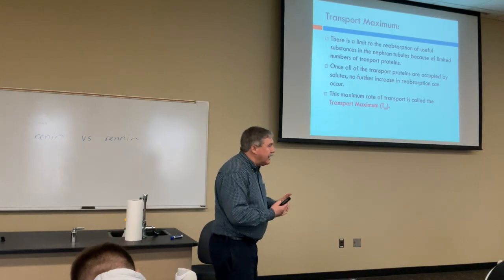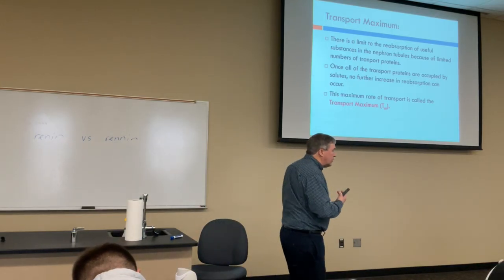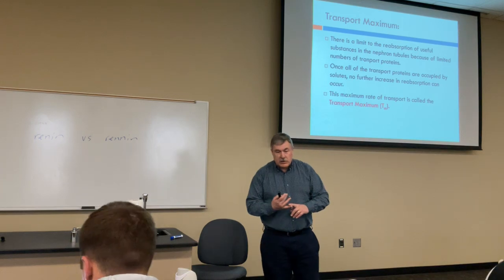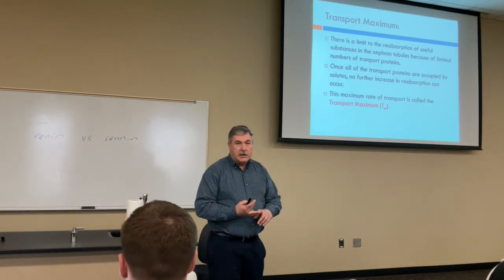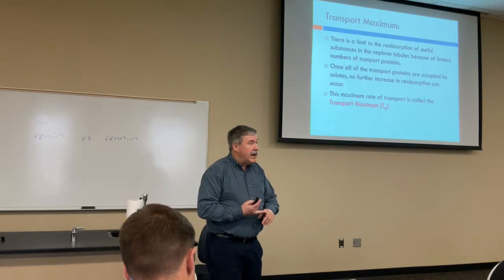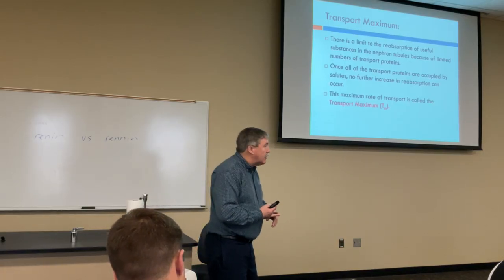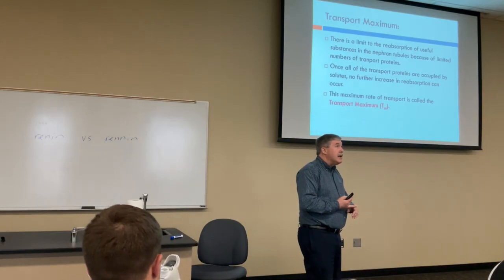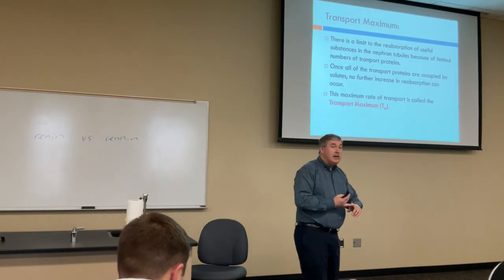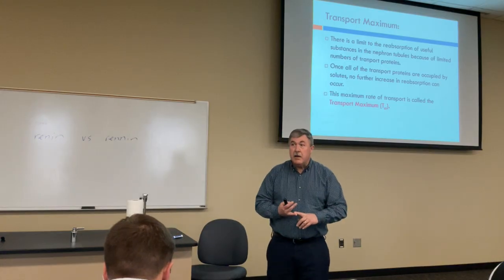And so the fact that there's a transport maximum for glucose explains why people that have diabetes mellitus, where they have really high blood levels of glucose, end up with higher levels of glucose in their urine.